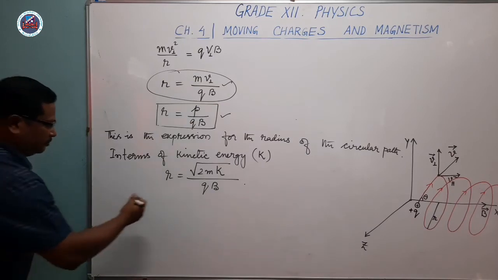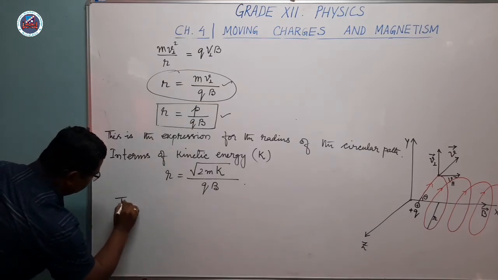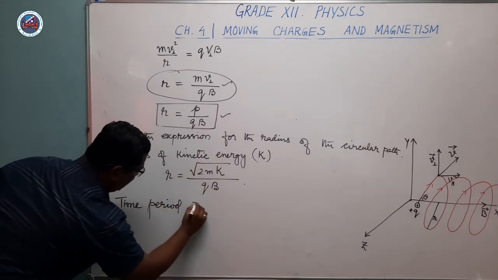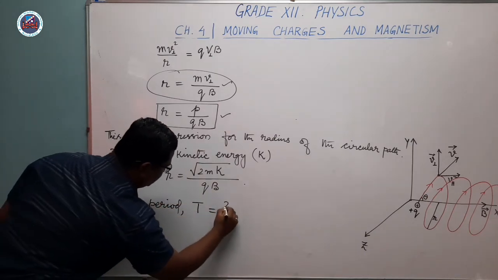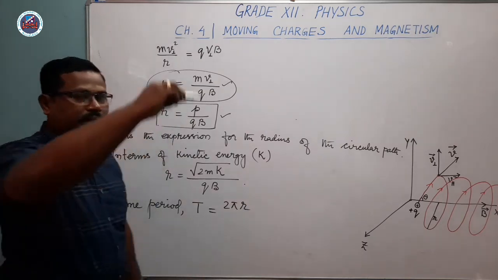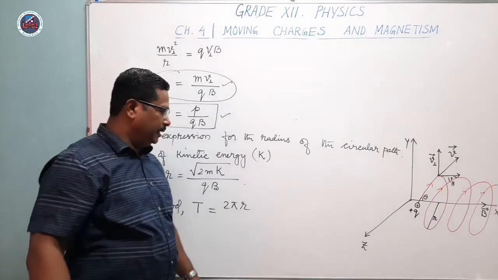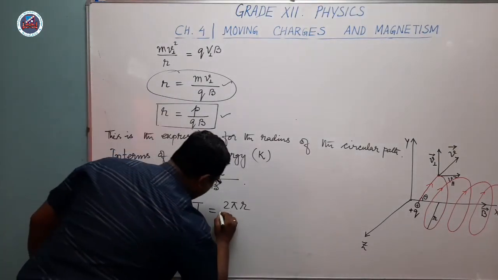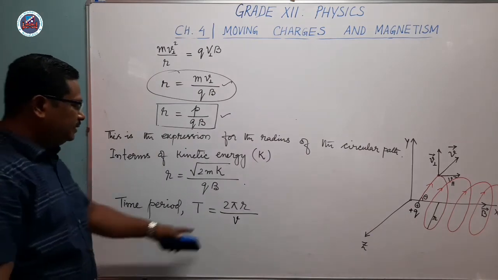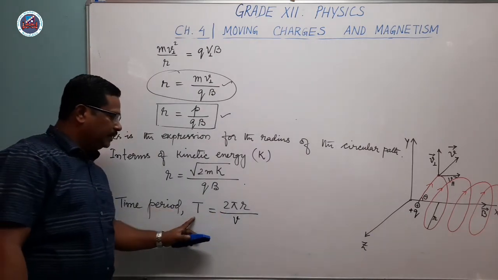Now, to find the time period, T is equal to total distance, which is 2 pi r, the circumference of the circle, divided by speed v. Distance divided by speed gives us time.